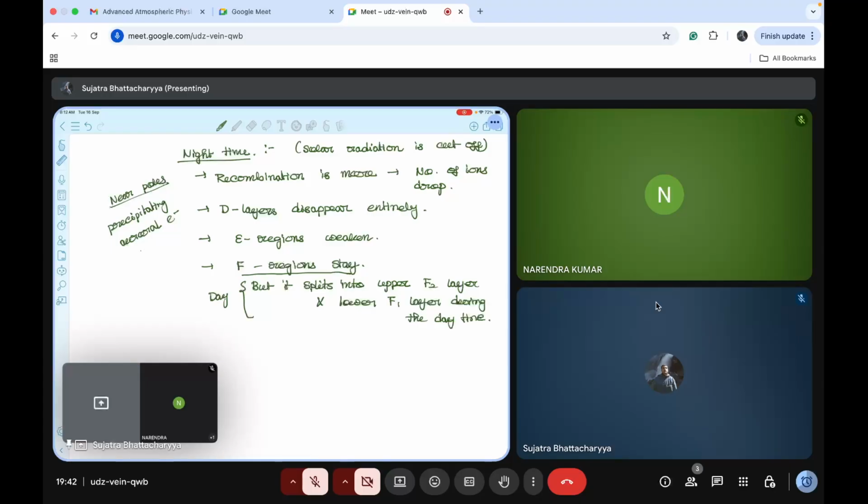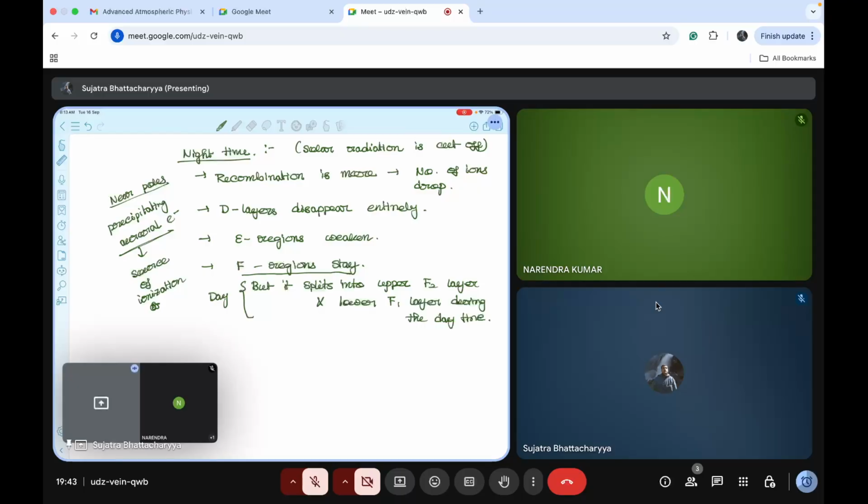Electrons. So this is the major source of ionization near poles. As you know, aurora borealis and australis happen near the poles. Okay, source of ionization.